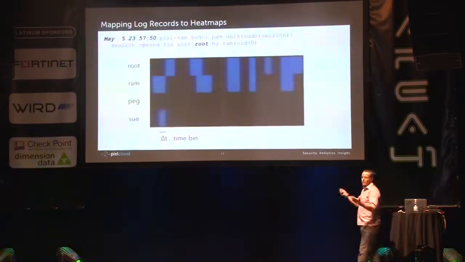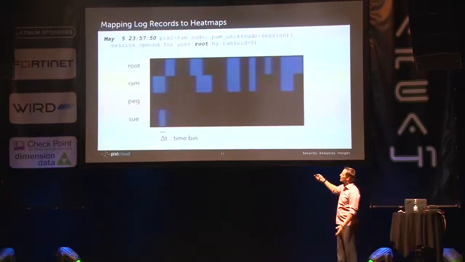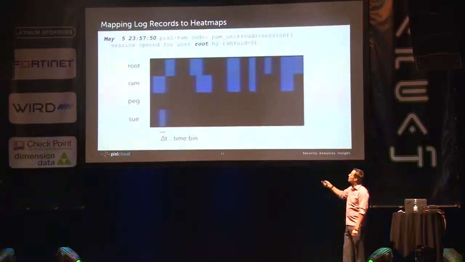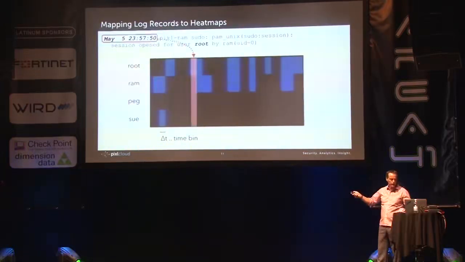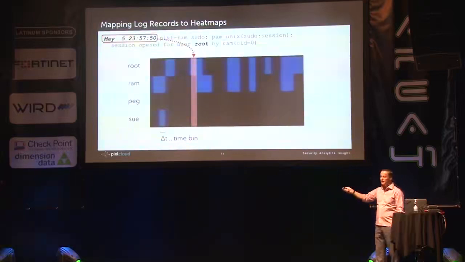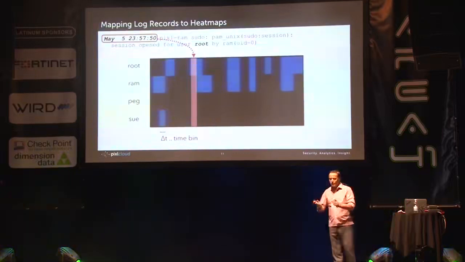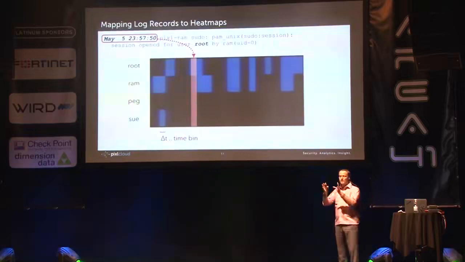So let's take a log record and map this into here. We have some kind of a sudo. Someone did a sudo su on a machine to become root. So the first thing we're going to do is take the timestamp and find the time bin that it falls into. Which column are we going into? Not every timestamp has its own column in here; we're binning things into buckets of, say, an hour.